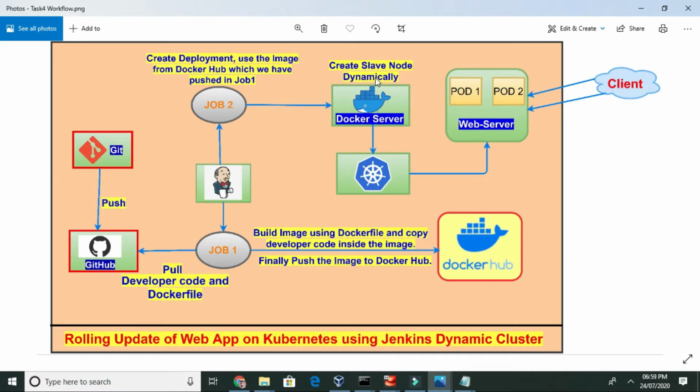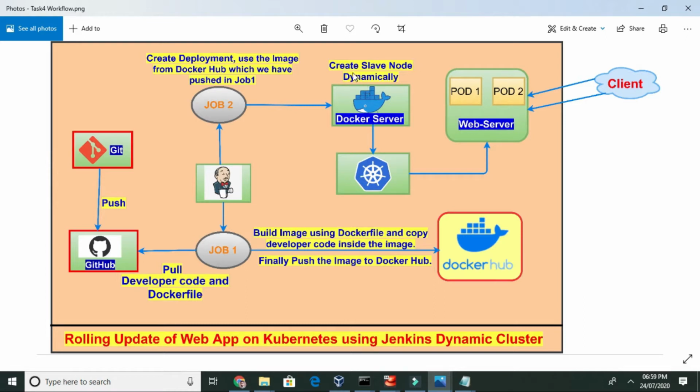And the interesting part I have already explained in the first part of this task 4 series. I explained that the slave node is dynamically created. It will use the kubectl configured image and run all the job 2 kubectl commands in it, and contact the Kubernetes cluster.